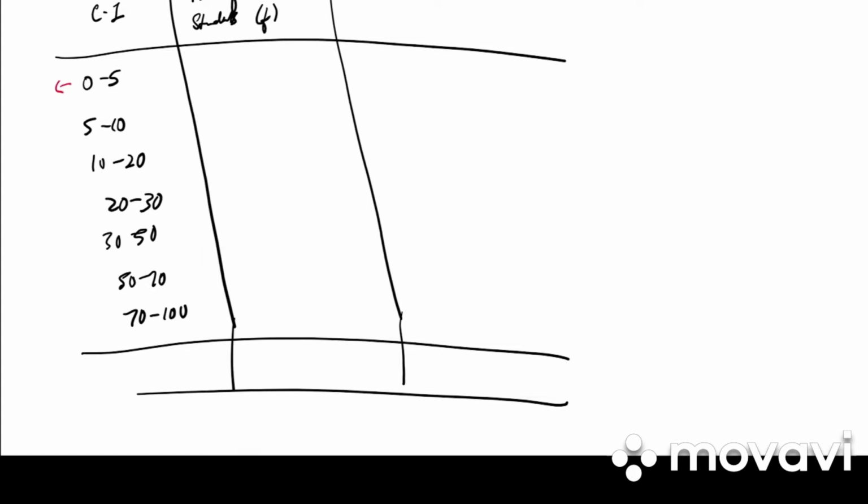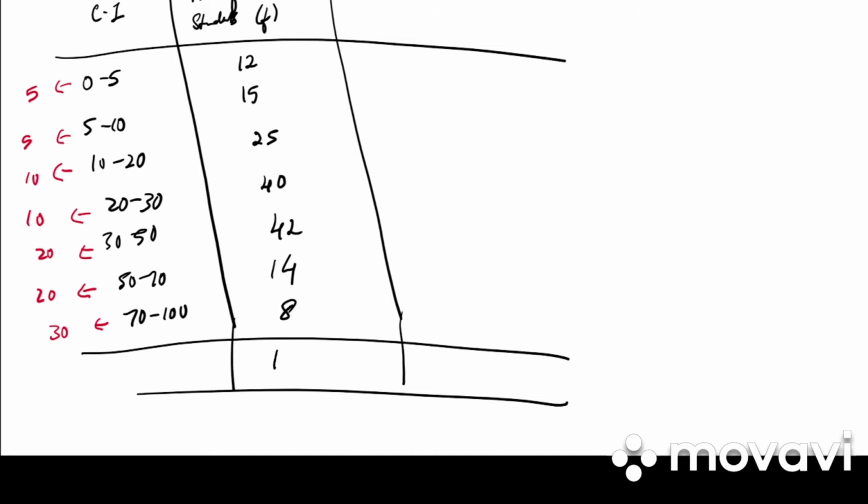So in this the class width is 5, 5, 10, 10, 20, 20, 30. So there are different sizes of class width. It is not the same. It is unequal. So what is frequency given in the problem? 12, 15, 25, 40, 42, 14 and 8.